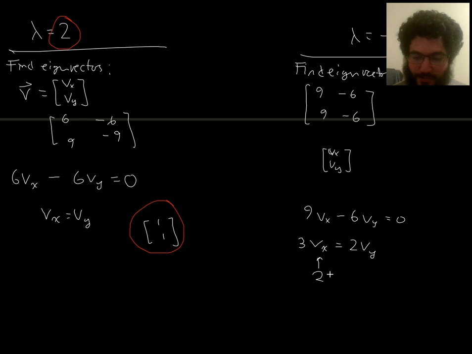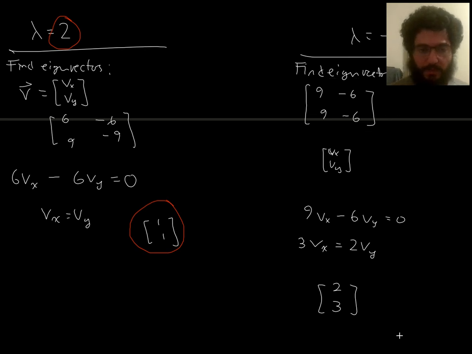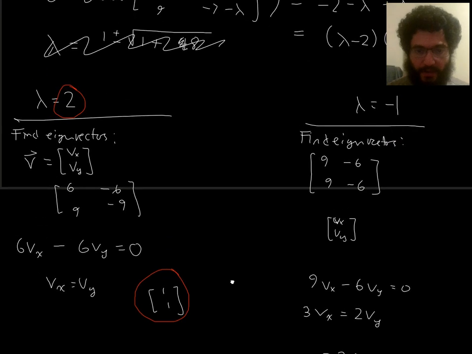If you choose 2 for Vx and 3 for Vy, then that solves it, right? And one solution is enough. So (2, 3) I think will be an eigenvector. And if I'm not sure, then I can apply this matrix to this vector and make sure I get 0. And just eyeballing it, that looks like it works. So there's our second eigenvalue-eigenvector pair.